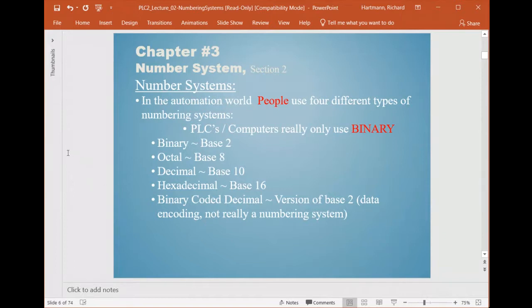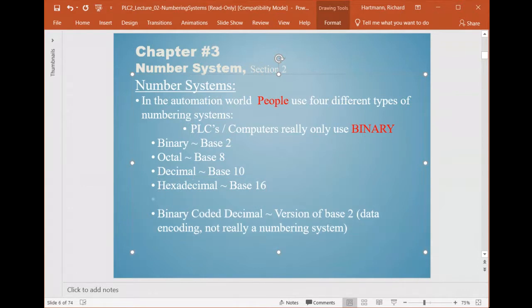I just mentioned we have an octal numbering system, which is base 8, a decimal numbering system, which is base 10, and hexadecimal, which is base 16. If you don't like these, you could create your own.